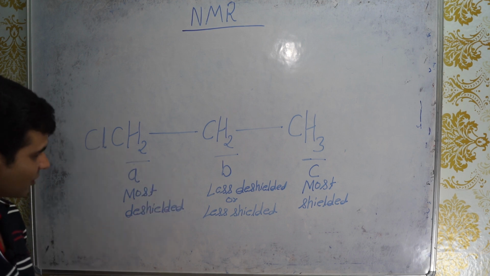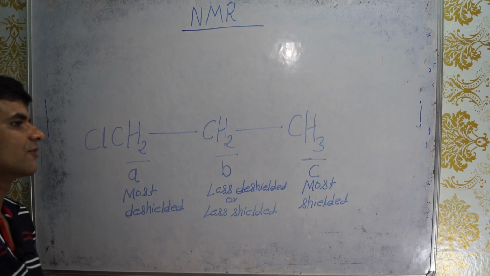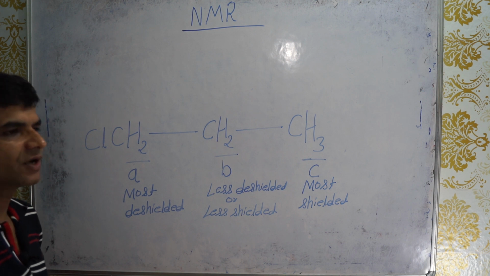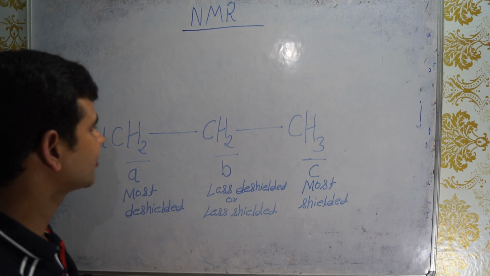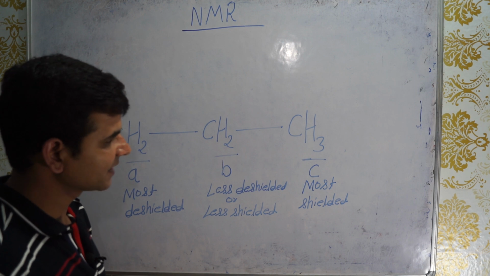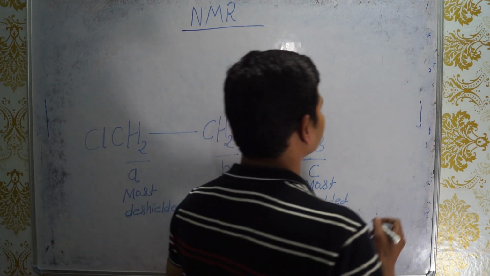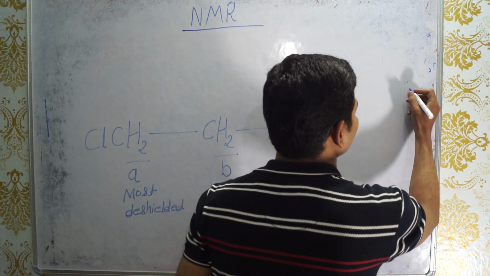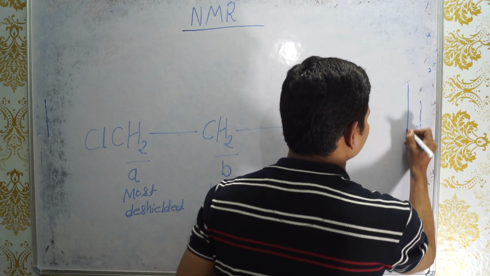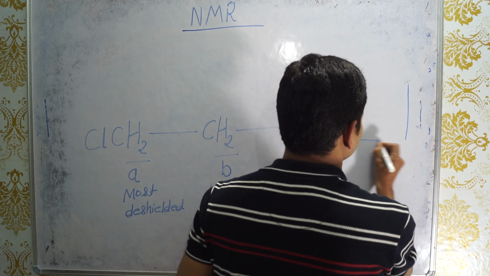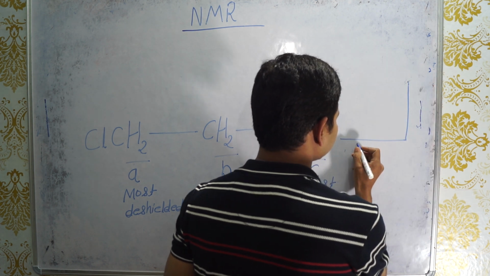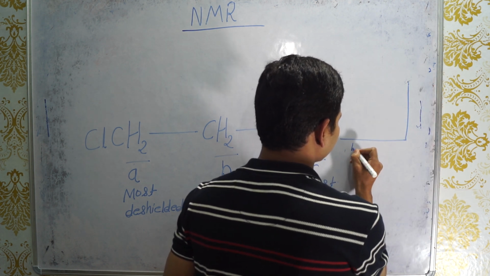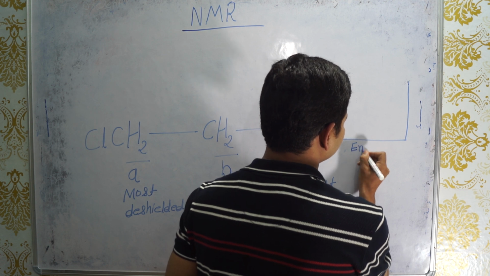Now let's discuss what will happen if you place 1-chloropropane into an NMR machine. The NMR machine will generate a graph like this. This is the x-axis, and here the x-axis represents energy.